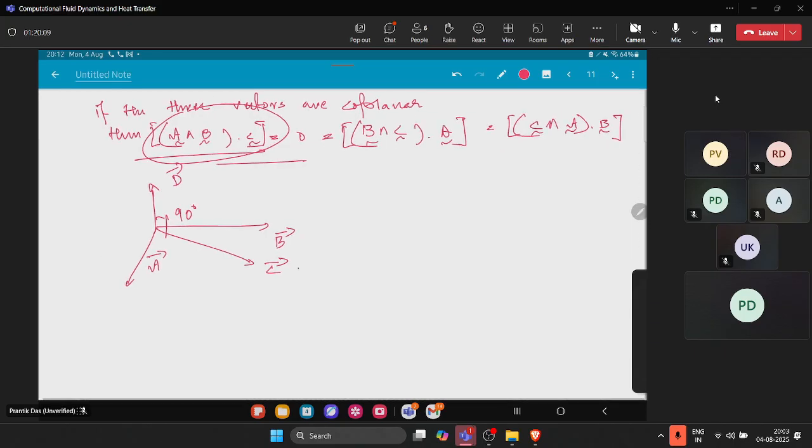There is one numerical I am giving you, so I hope you can solve it.